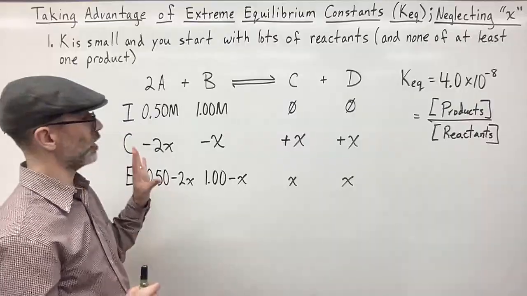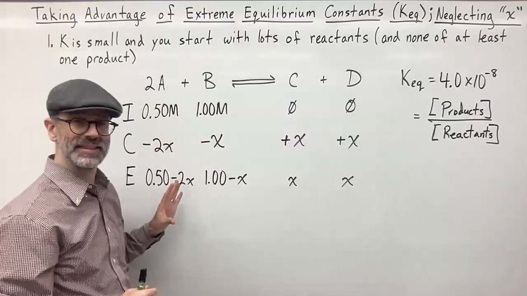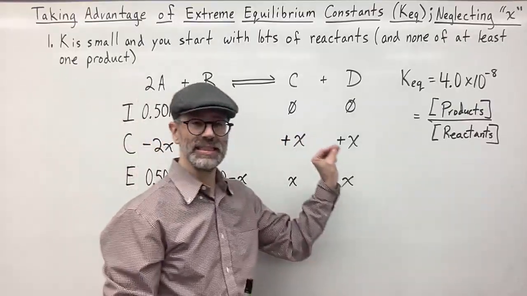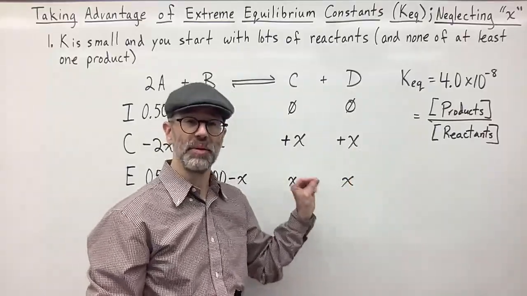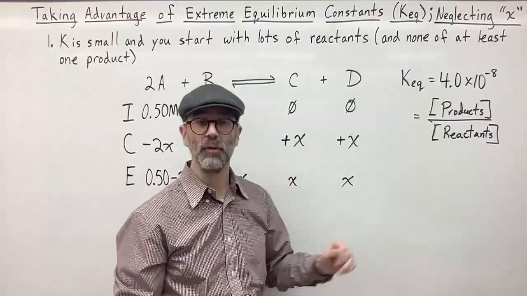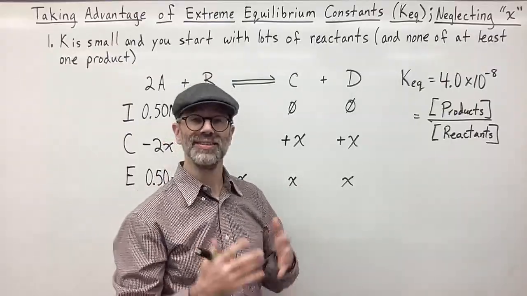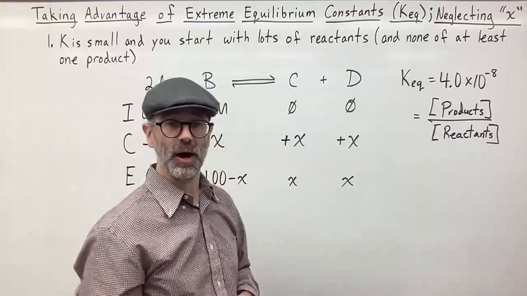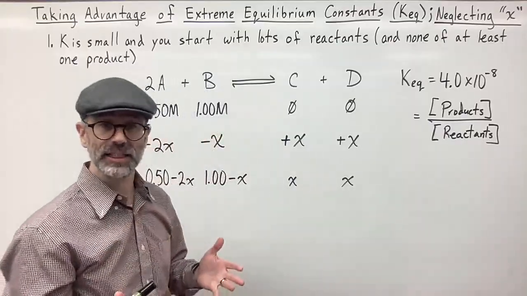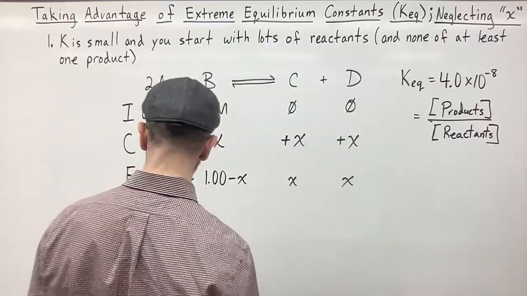It means we're going to have a whole lot of reactants at equilibrium and an itsy-bitsy tiny amount of product. So not very much product is going to be formed, and we can use that to our advantage to simplify our equation. So let's go ahead and set up our K expression, our equilibrium constant expression.